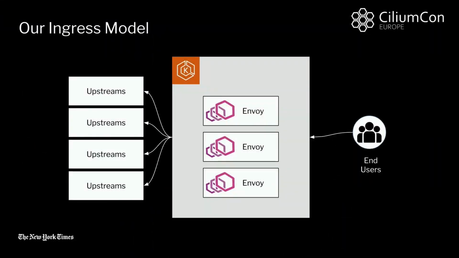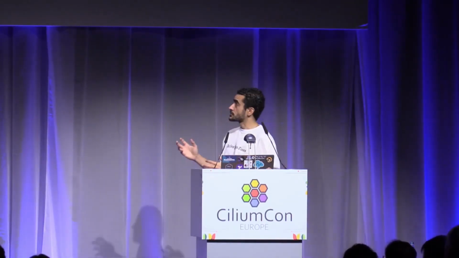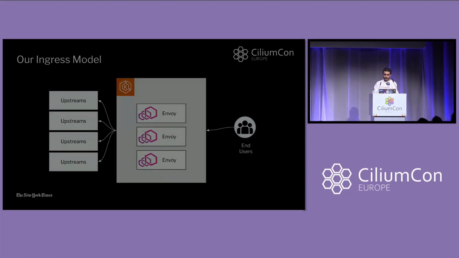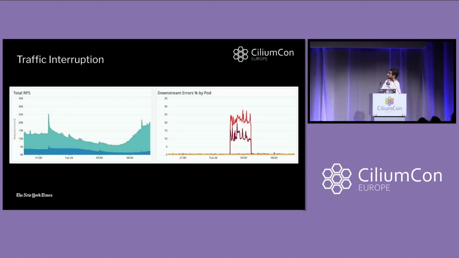Before telling you about what happened and how we survived it, let me tell you about our ingress model first. It's a critical service: all of our traffic goes through Envoy and then to upstreams. We just onboarded our critical service into our cluster, and traffic is coming in. But then this happened.